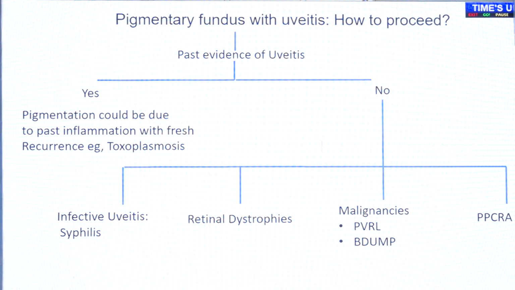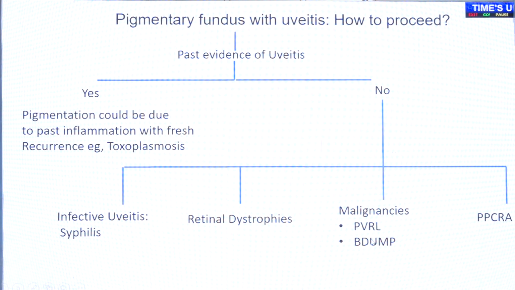So I come back to where I started. Pigmentary fundus with uveitis: look at the past evidence. If there was infection, it is straightforward. The problem is if there is none, rule out syphilis, rule out retinal dystrophies, and this is the thing which bothers me, because many of us do not really rule out the dystrophies, and we make the diagnosis of retinal dystrophy with uveitis, which is where we make the mistake.